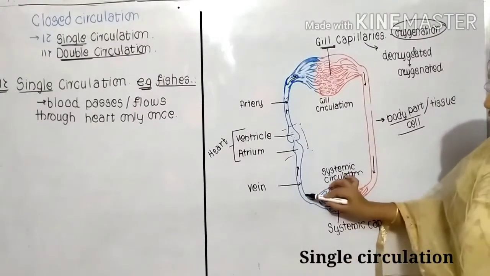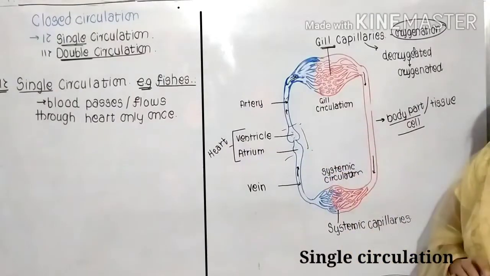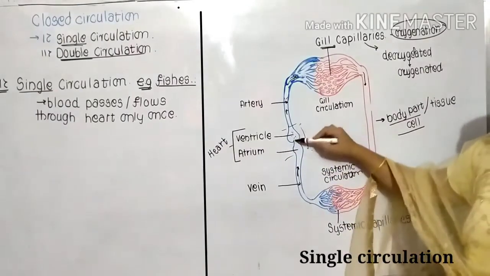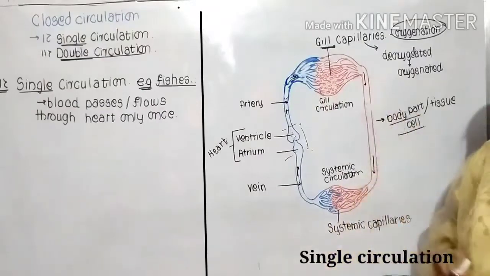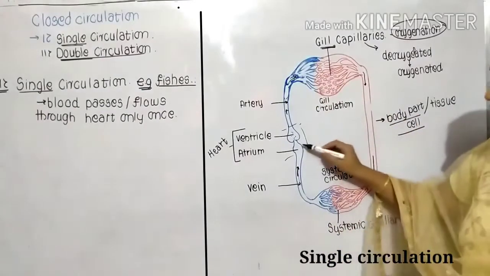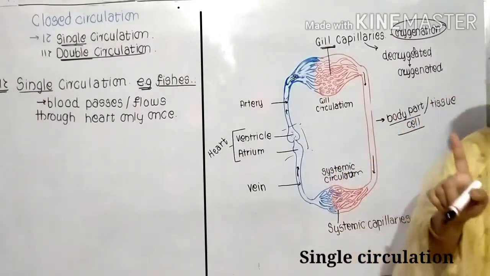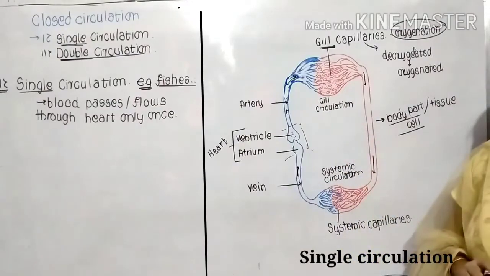Then this deoxygenated blood again enters the heart. Remember, this passing is only once. That's why it is known as single circulation.